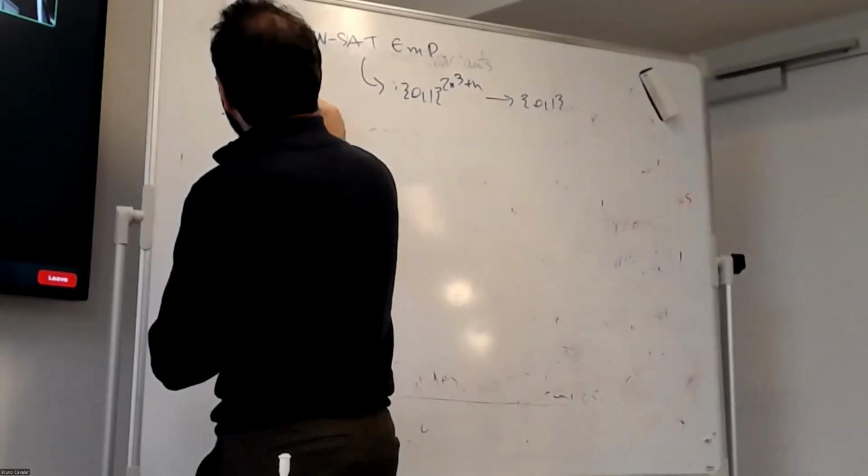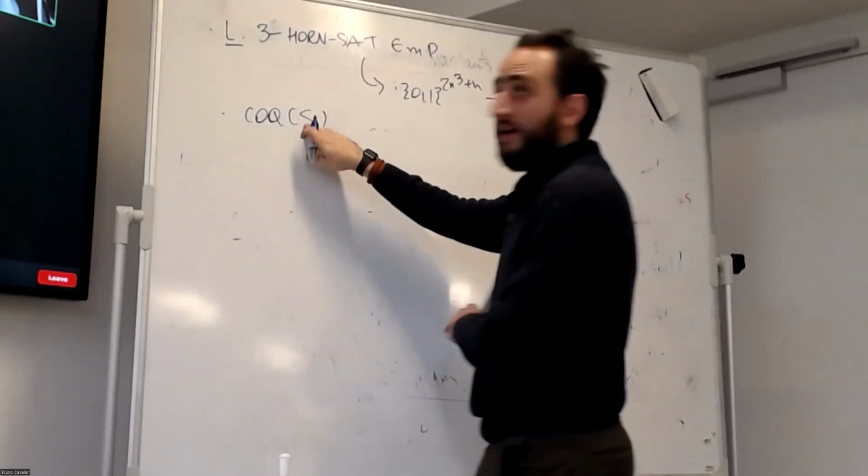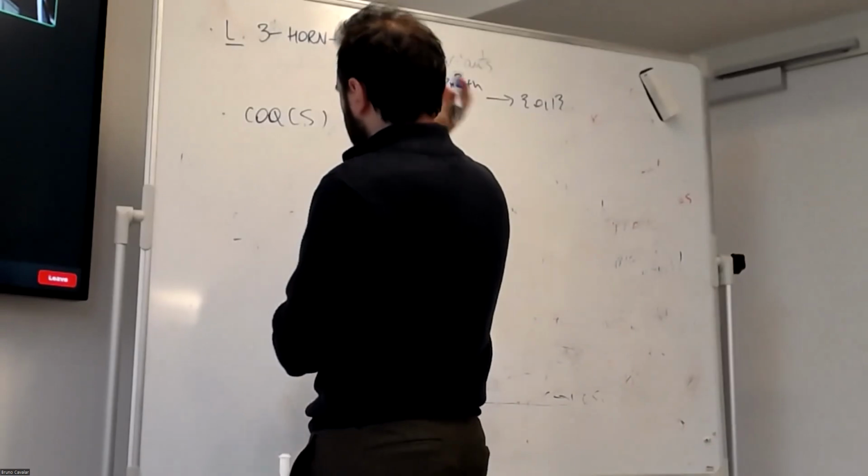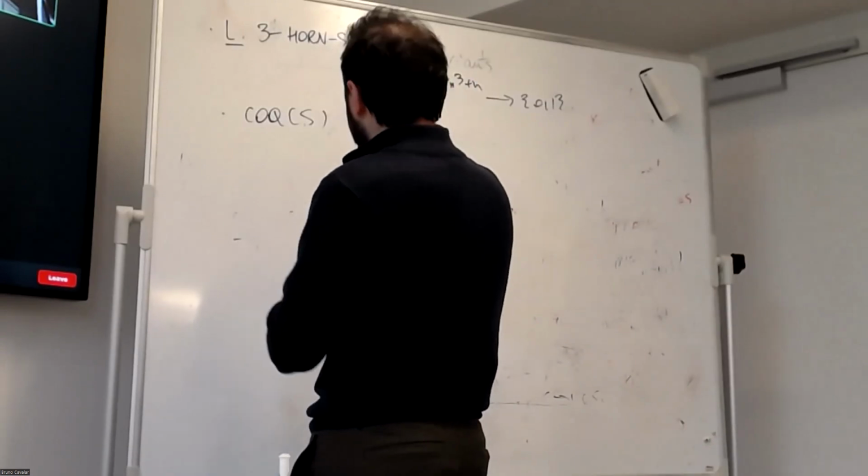So we define this. We have a finite set of relations S, and cq of S is going to be the conjunctive queries.